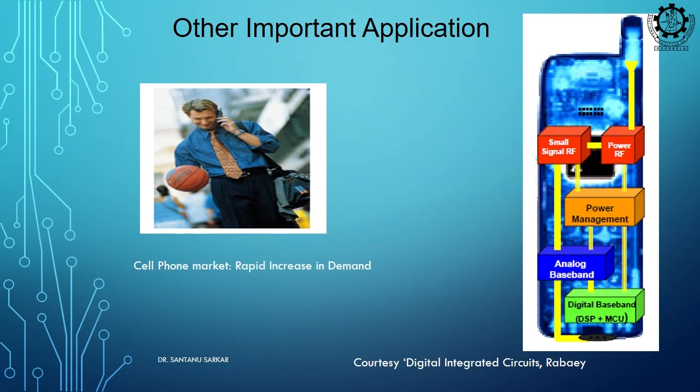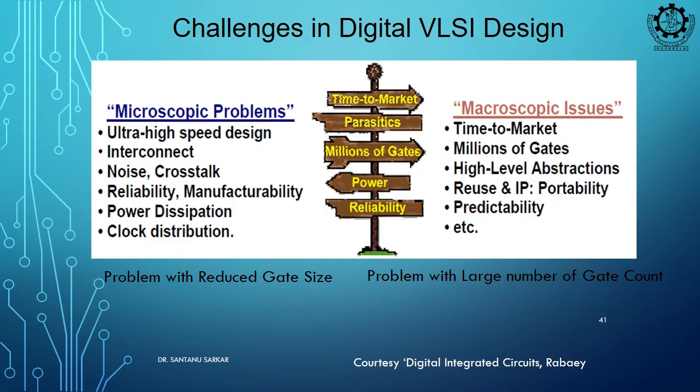So, these are some applications. We already discussed RF applications, power management, analog signal, digital circuits including the MCU and other digital logic. So, these are challenges in digital VLSI design.